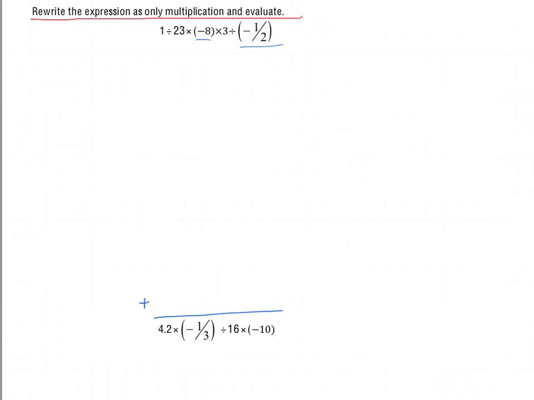So when I look at this, I have divided by 23. I want to rewrite that as the multiplication 1 times 1 over 23 times negative 8 times 3. Then I need to rewrite this one, times, flip that, -2.